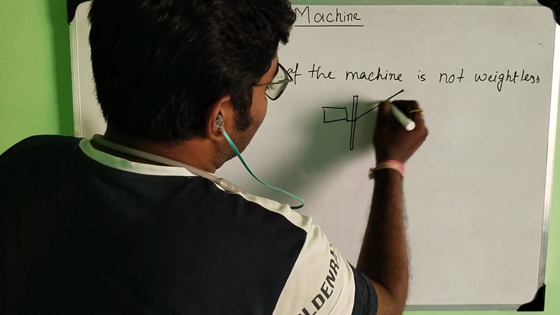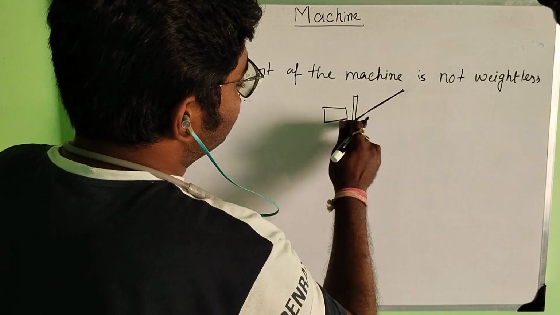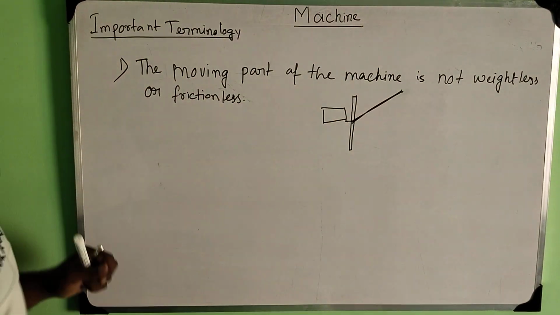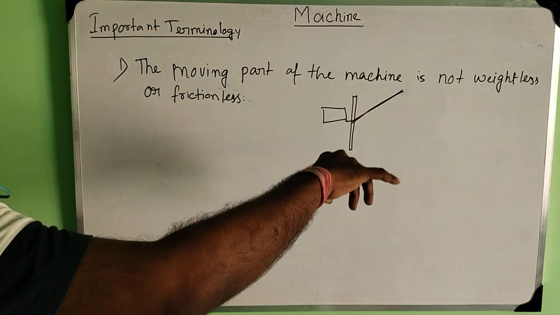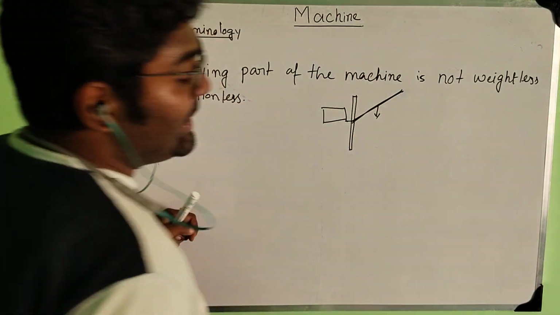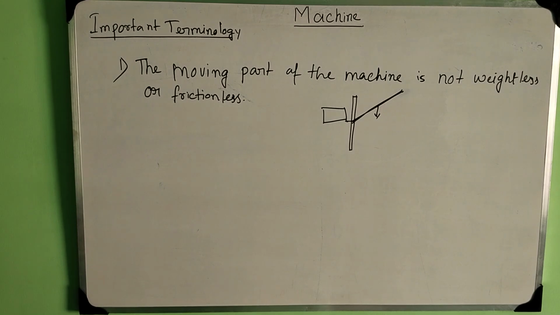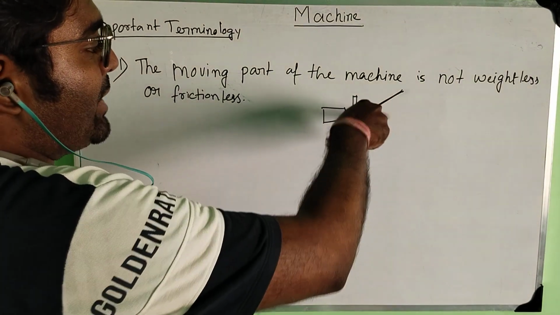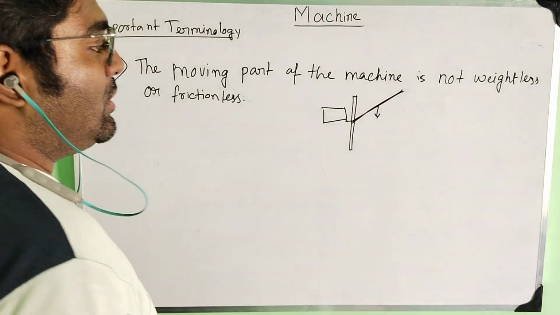Now this handle is moving and this platform is also moving. When we are putting the effort, there is some weight of the handle also. So this weight of the handle will lose some energy.